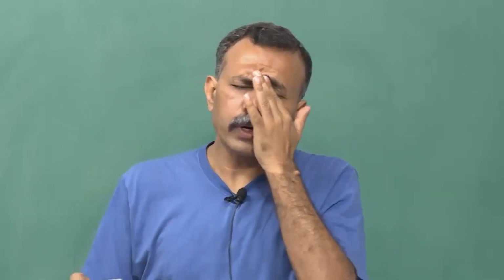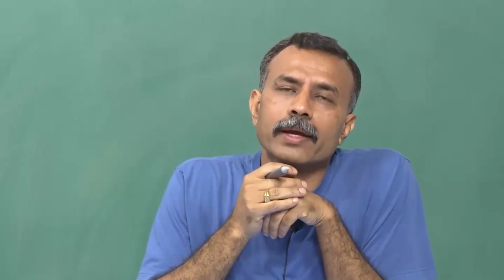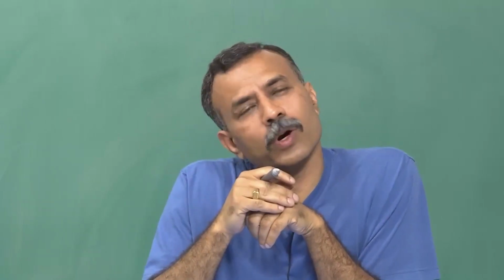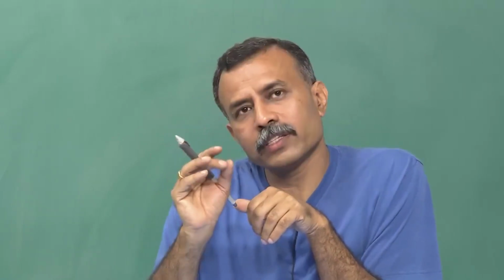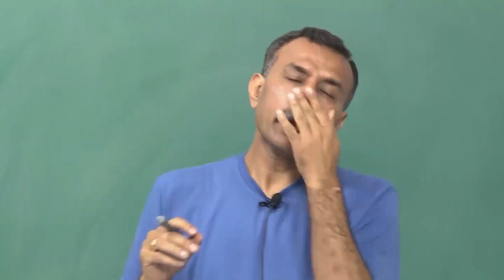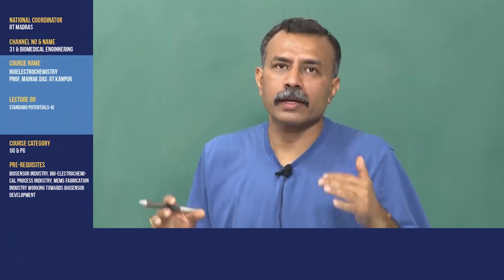Standard reduction potential. So if you know the power with which you can pull an electron, then you can calculate the work done. How can you do that? If you know the amount of charge, you remember EQ, work done is voltage multiplied by the charge. So you can say that on this electrode, this much work is being done by the electron, okay.